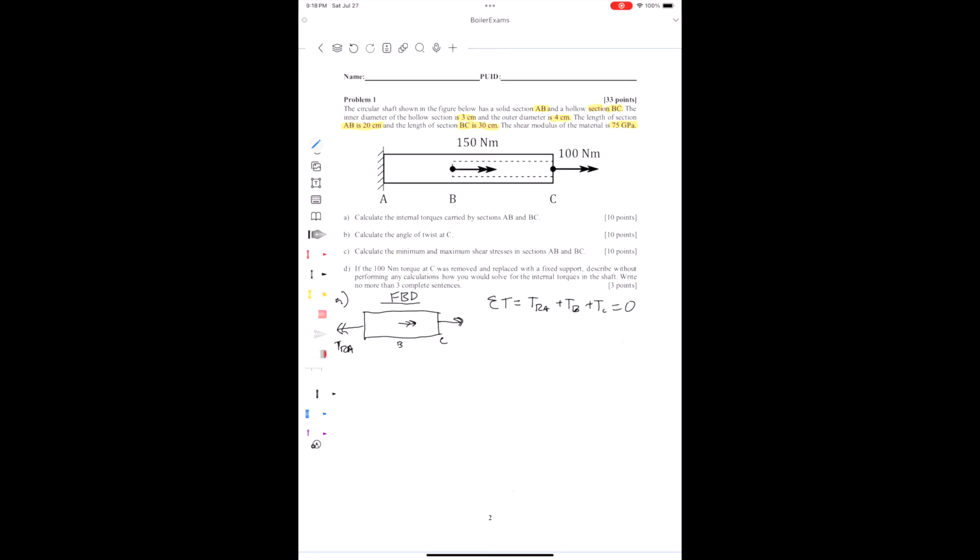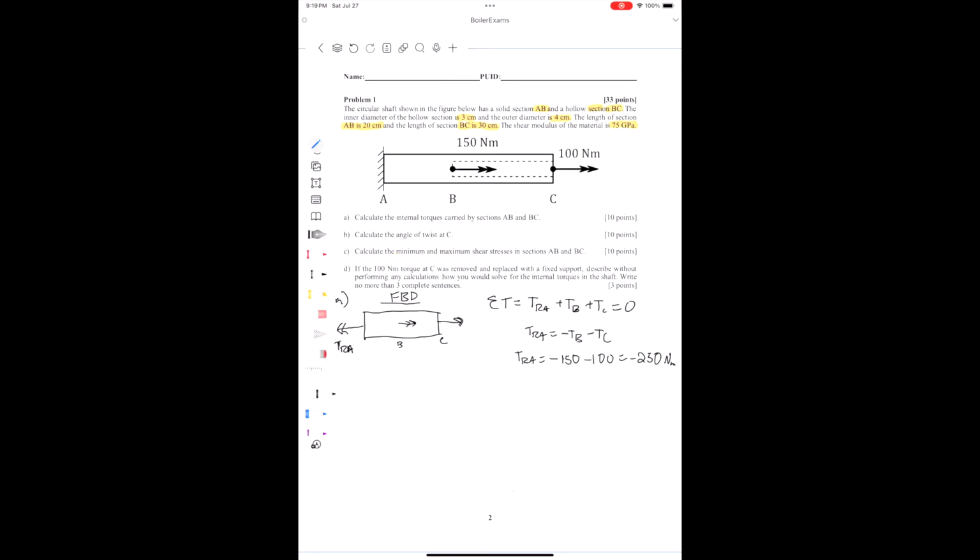And remember that course convention, positive torques usually point to the right and negative torques usually point to the left. So we're going to have that TRA is equal to negative TB minus TC. So TRA is equal to negative 150 minus 100. So that's going to be negative 250 Newton meters. So pretty much what we'd expect.